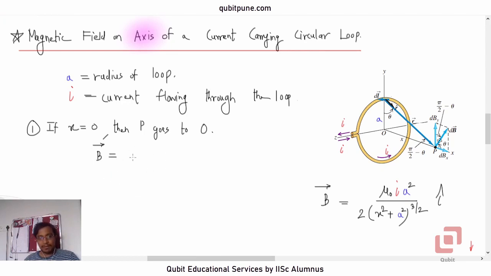Magnetic field there will be mu naught I a squared divided by, x is 0, so 2 a squared raised to 3 by 2 or 2a cubed, I cap, or it will be mu naught I upon 2a I cap. Is that clear?